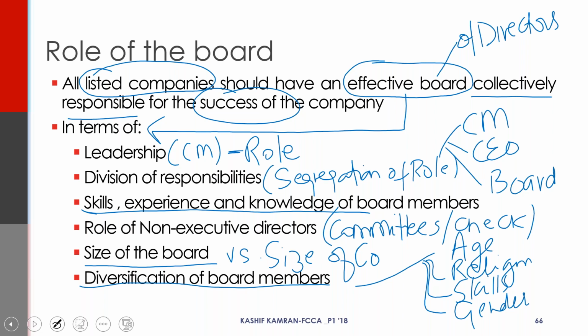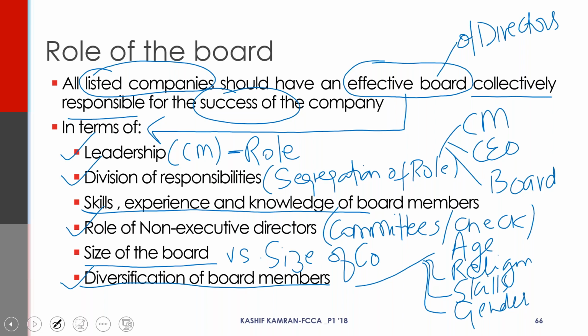If I look at my list, leadership will come again. Division of responsibility will come again. Role of non-executive directors will come again. Diversification will come again. So 4 topics will come again later: leadership, division of responsibility, role of non-executive directors, and diversification. These 4 topics will come again, right?